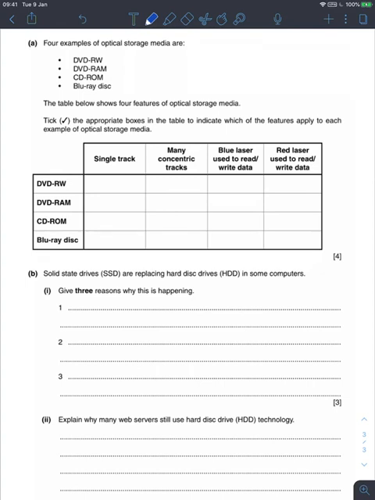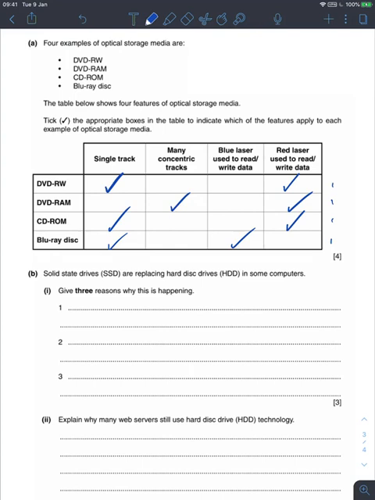So DVD rewrite is single track, and DVDs use red lasers. DVD RAM is concentric tracks, and it uses red laser. CD-ROM uses red laser and it's a single track, and Blu-ray is single track but uses blue laser. So that's 4 marks, a mark for each pair.